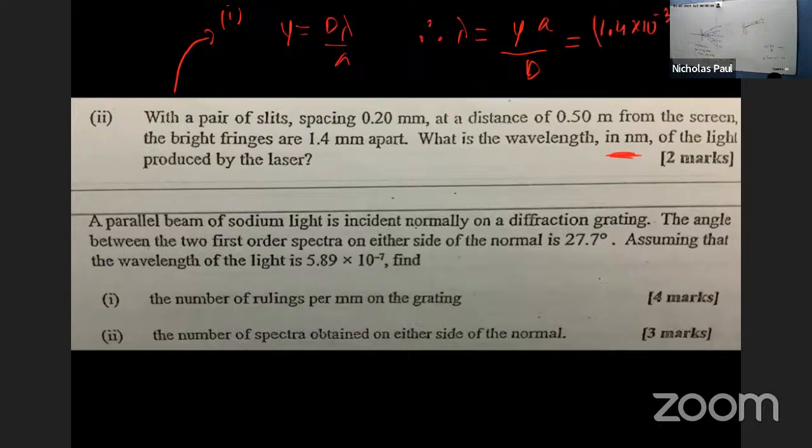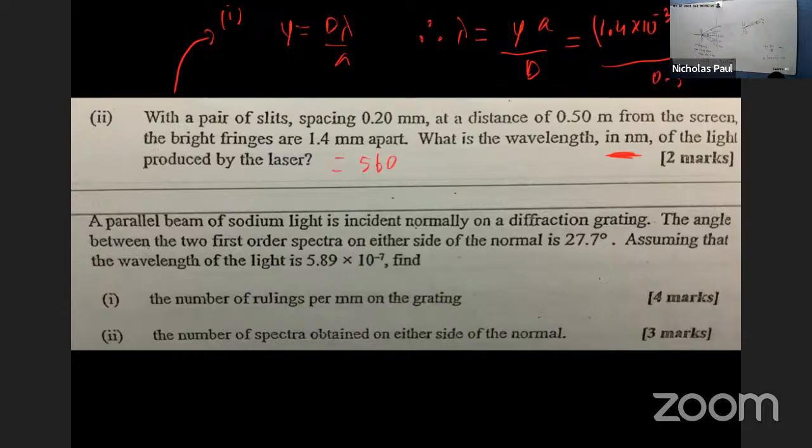A is how much? A is 0.2 millimeters, yeah. 0.2 by 10 to the minus 3 is a. Amanda got 560.